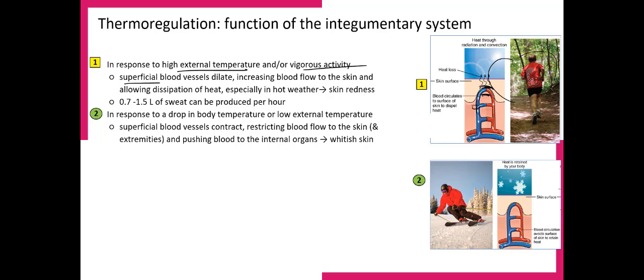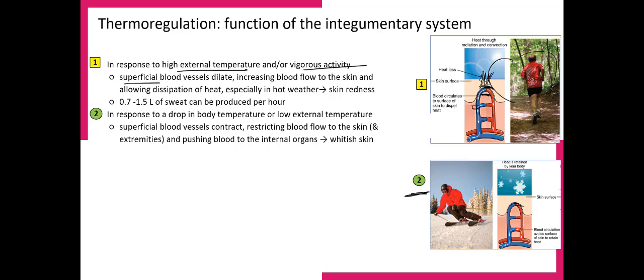When more blood goes through, the heat contained in the blood starts to dissipate, causing heat loss through the skin. And also, you know that when we're hot, we produce sweat in order to bring body temperature back down to normal.